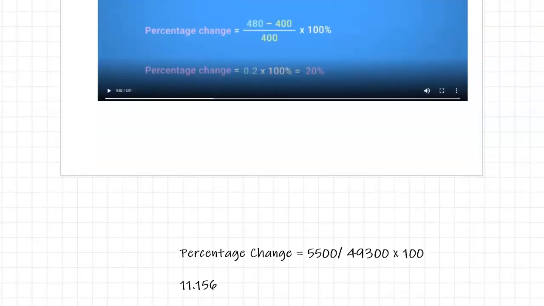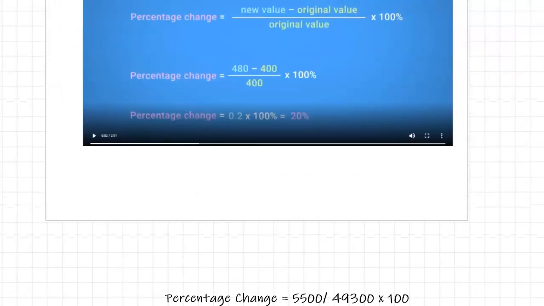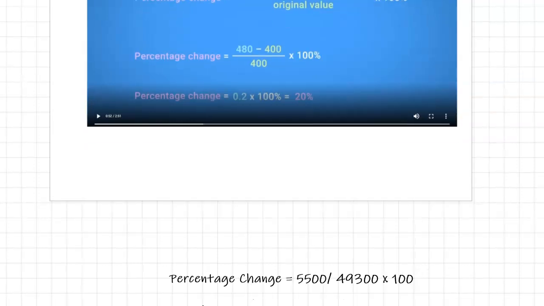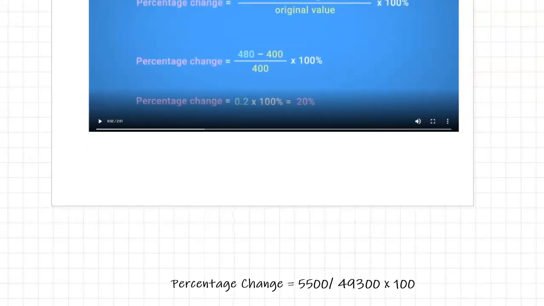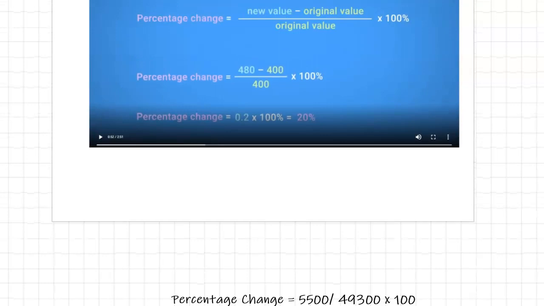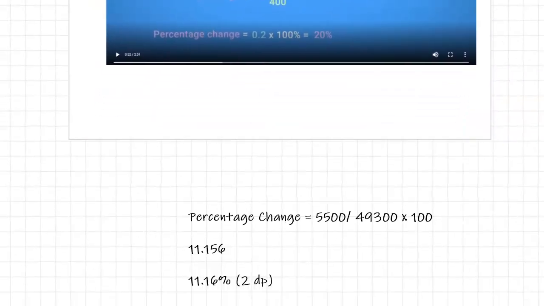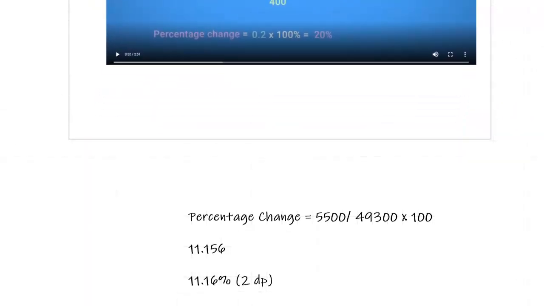If we apply that to the figures that we've got, I've done the first stage. We've taken away the new value, taken away the original value, and that's 5,500, divided by the original value, which was 49,300, and then times by 100. That works out as 11.156.